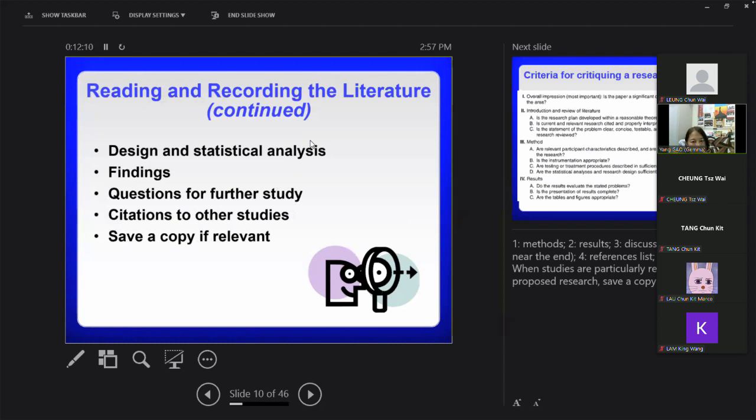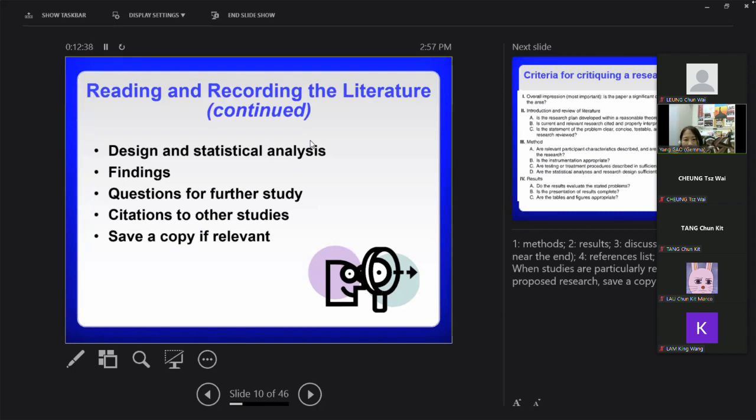Also, you need to understand the study design as well as the statistical analysis. Bear in mind, most information in terms of study design and the statistical analysis methods at this moment may be beyond your knowledge, but never mind.